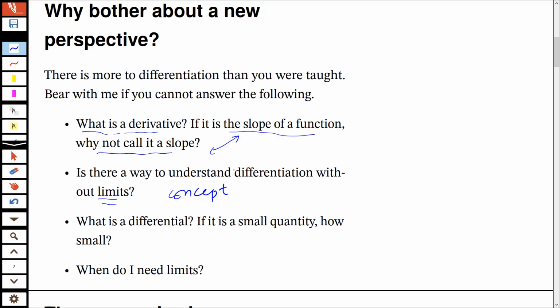We want the punchline. And you must have heard differential. If you are asked to define a differential, most likely you will say a small quantity, but how small? If you cannot specify how small, then you have a problem. And when do I need limits? If I can explain these things without limits, which I will try today, when do I need limits? So let's begin.